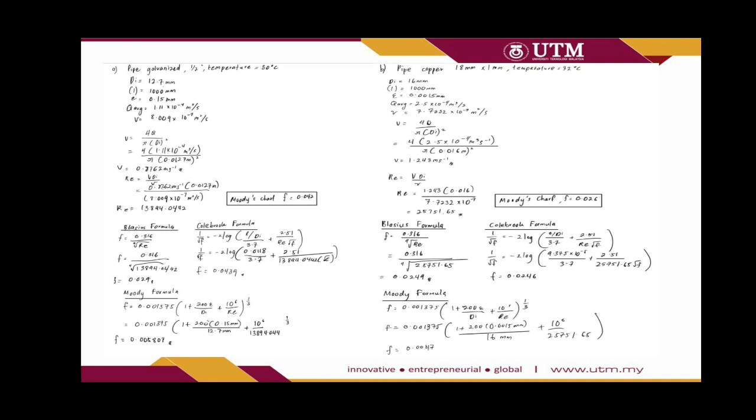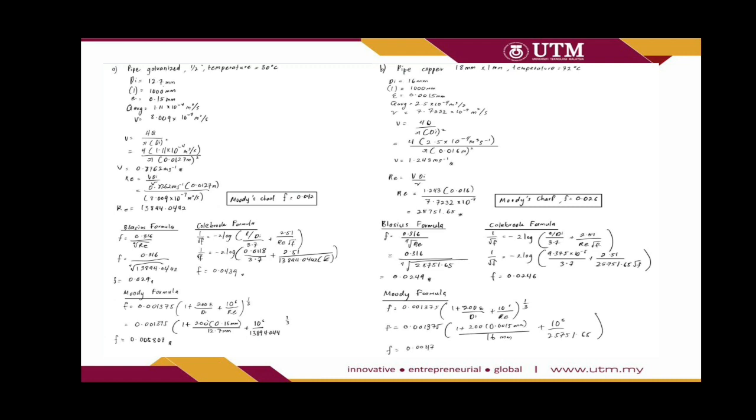By using the Blasius formula, 0.316 over root of RE, we get 0.029. For the Colebrook formula, 1 over square root of F equals negative 2 log of relative roughness over 3.7 plus 2.51 over RE times square root F, we get F is 0.0439.